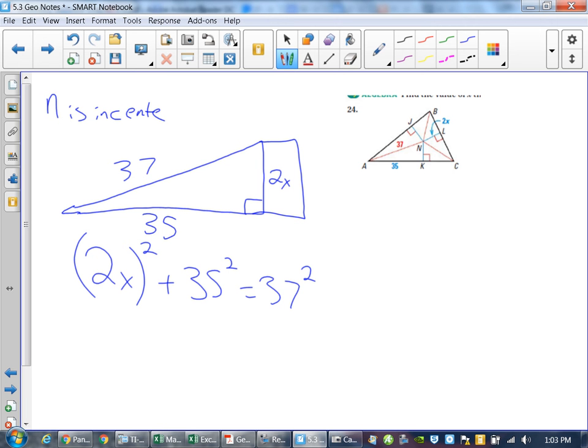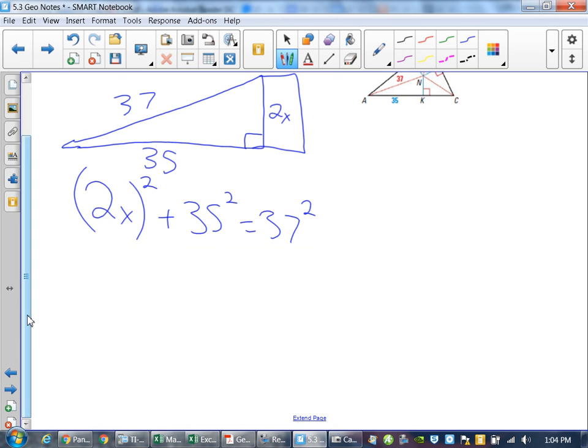If the x has a coefficient, that part also needs to be squared. The x is the variable, the coefficient is the number in front of it. If there's a coefficient that's not 1, because if you don't see anything, it's always a 1, you have to make sure you square that number too, because that side value is 2x. Well, the 2x quantity squared becomes, well, what's 2 squared?